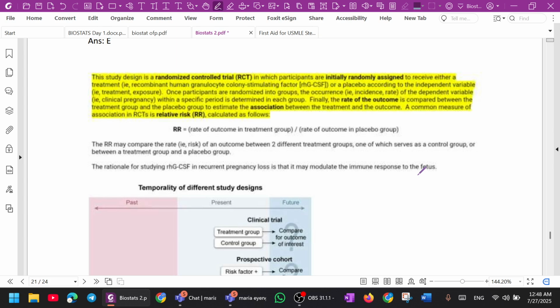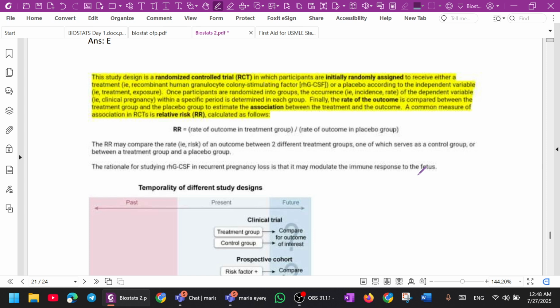The common measure of association of an RCT is relative risk, calculated as follows. Relative risk is the rate of the outcome in the treatment group divided by the rate of the outcome in the placebo group.